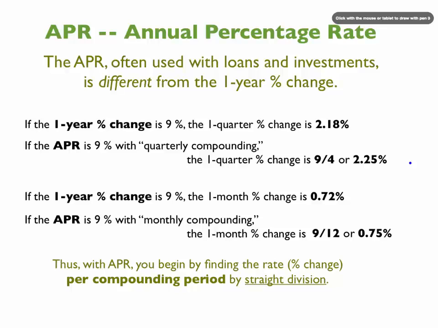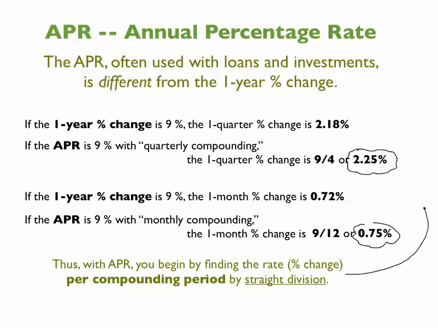Okay, so here's the summary. With APR, you begin by finding the percent change per compounding period. That's this right here, by straight division. So if we were compounding by quarters, then we get the percent change of 2.25% every quarter. And if we're compounding by months, then our percent change every month is 0.75%.